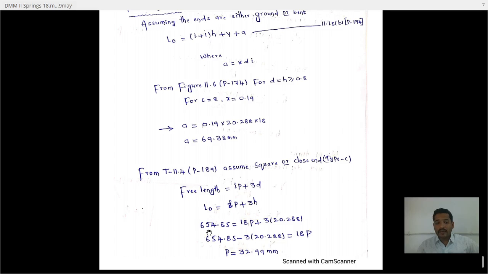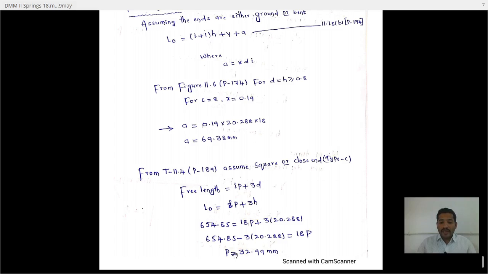Then you can easily get 654.85 equal to I into P. The number of turns is 18, into P plus 3 into height, and the height is given as 20.288. After that, the 654.85, if moved to this side, becomes minus 3 into 20.288 is equal to 18P.